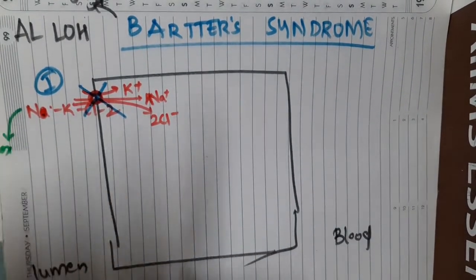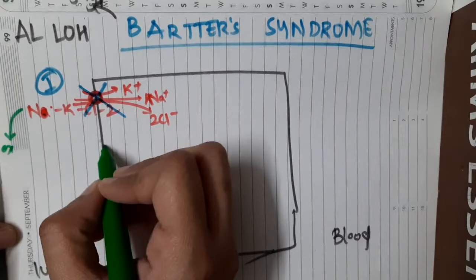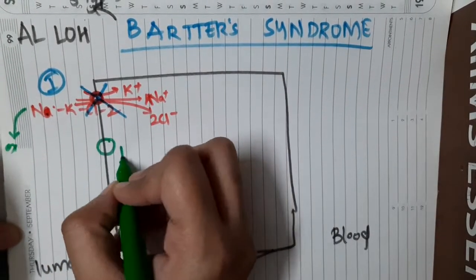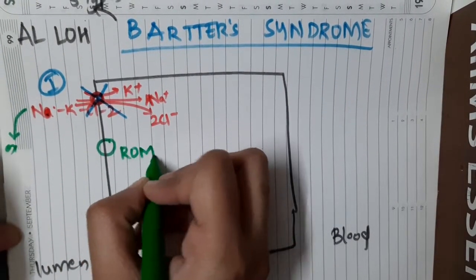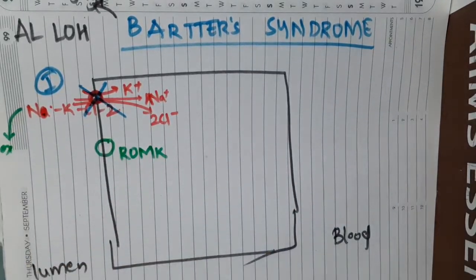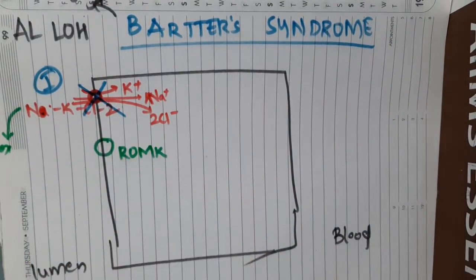Now, type 2. In type 2, there is a channel called ROMK, the renal outer medullary potassium channel. There is no need to know the full form, but it is the apical potassium channel.